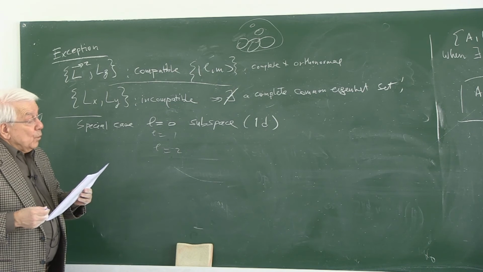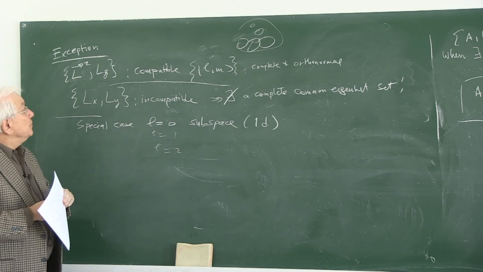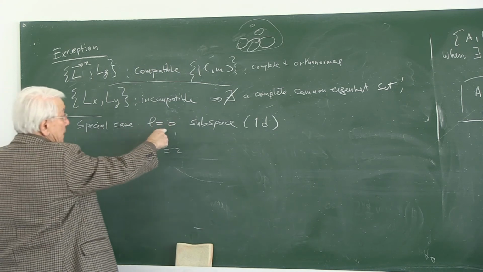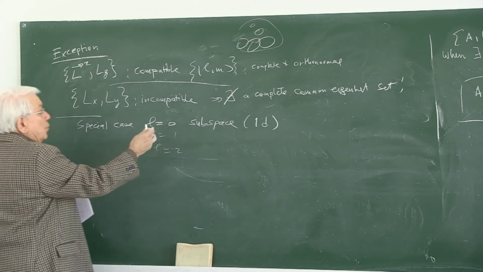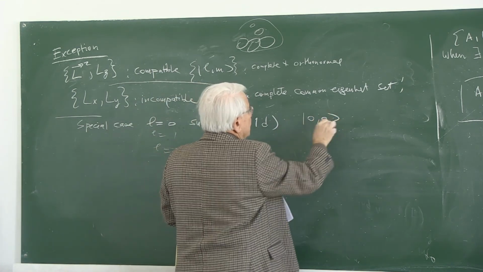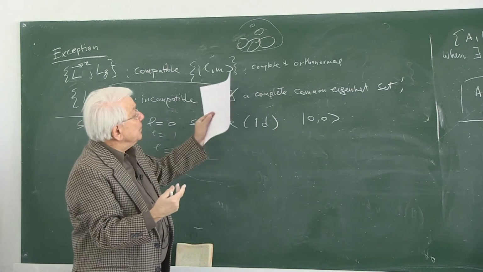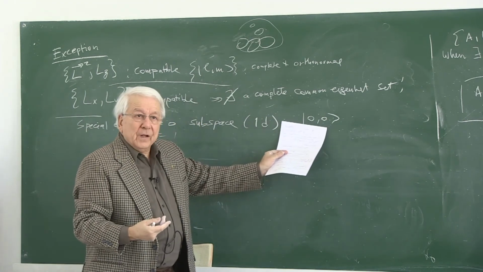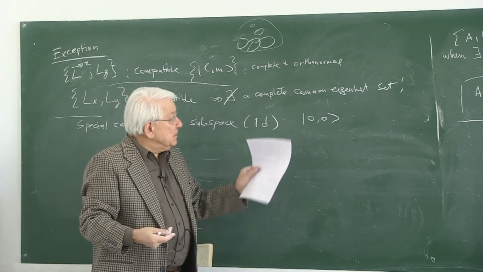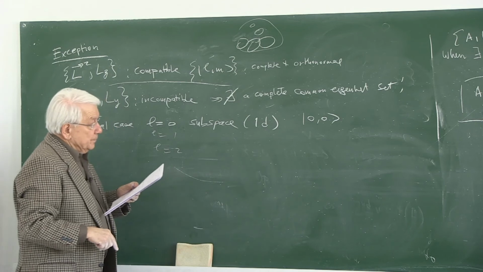So, what is the action of Lx on that L equals 0 state? How do we denote this L equals 0 subspace? It is denoted as 0, 0, because if L is equal to 0, M is equal to 0. As I need two labels to be really straightforward, we have to use this legitimate full notation, 0, 0. That's a one-dimensional space.